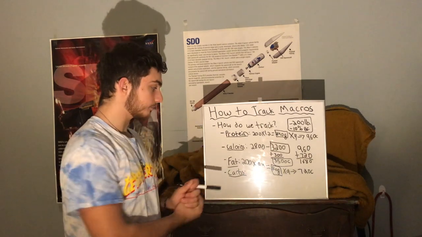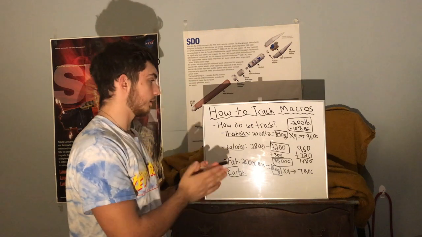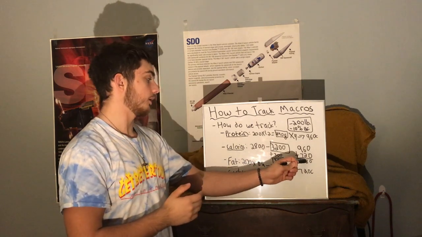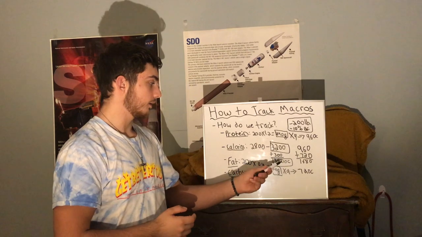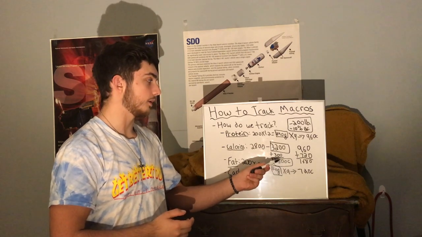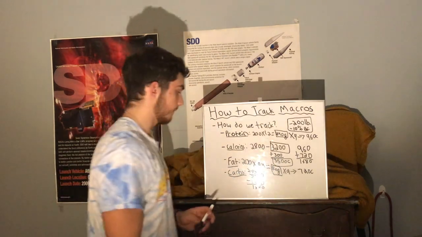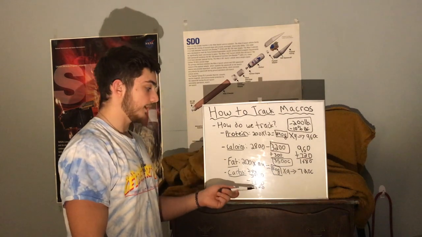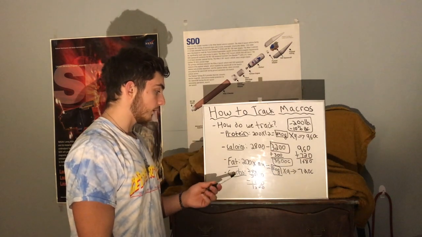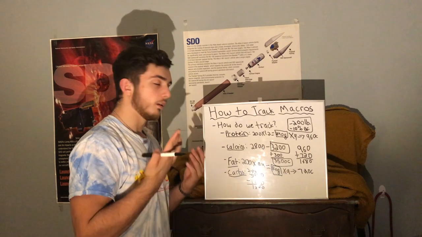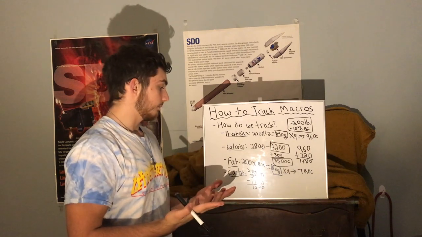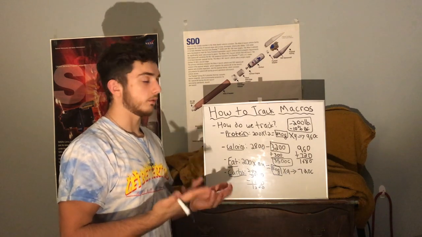So now, to figure out the carbs, we're going to take this number and subtract it from this, because this is the amount of calories the individual is eating every day. So what's left over? 1,820 calories from carbohydrates. So now we know the calories, that's cool, but we need to know how many grams of carbs we're consuming.